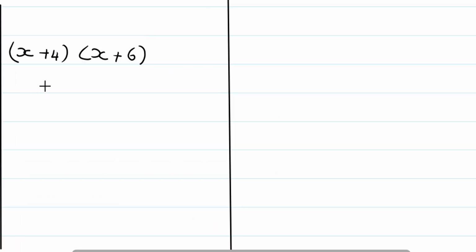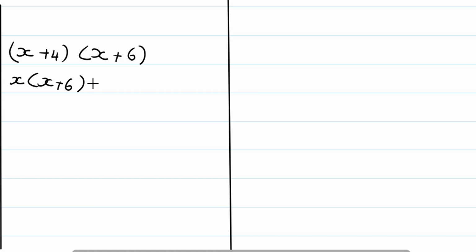In a case like this, we take all the values in the first set of brackets and multiply with everything in the second set of brackets. So here we have x, so I'll take this x and multiply it with everything in the second bracket, which is x plus 6, like that.